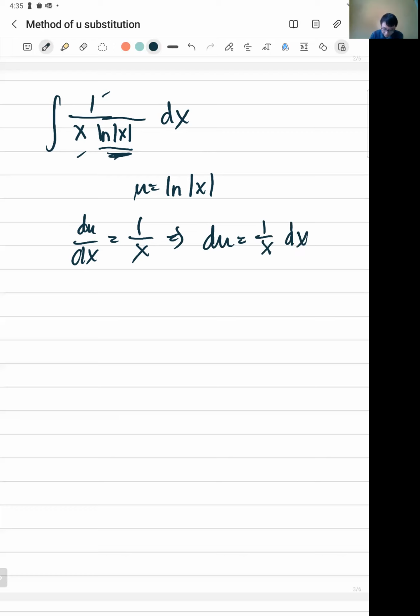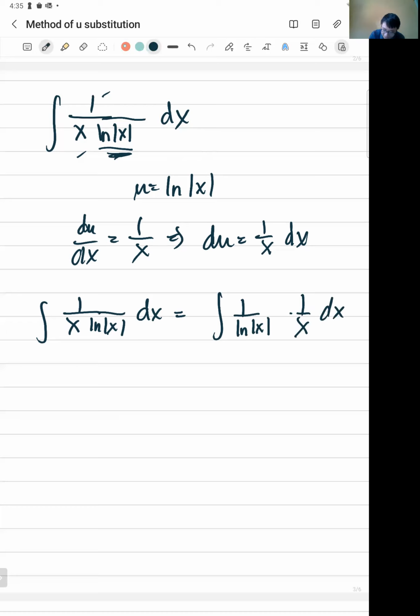Now I'm rewriting the question again; that's my habit when doing math. If I rewrite it in this form, I can see clearly that this part is u, the natural log of x is u, and the whole other part is du. So now I can rewrite everything.